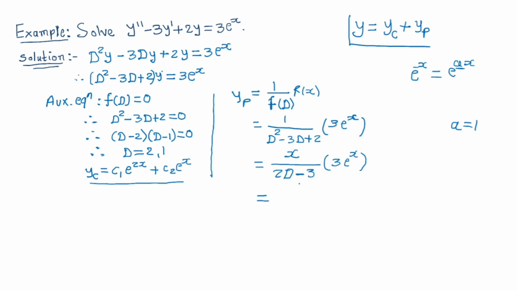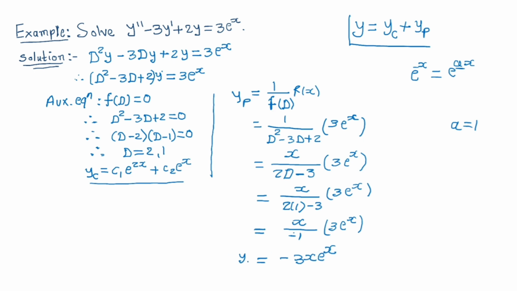Solving this, 2 minus 3 gives minus 1, and the forcing function stays as 3 e raised to x. This gives minus x, and multiplying with 3, minus 3x e raised to x.